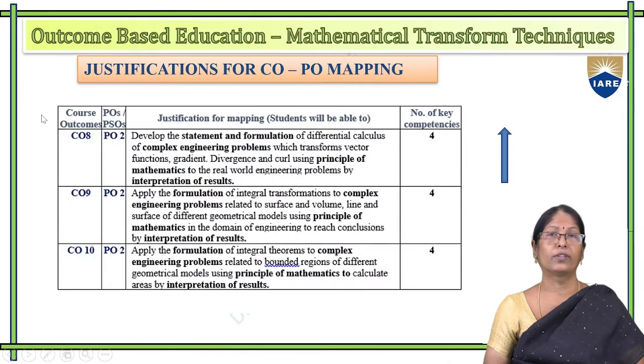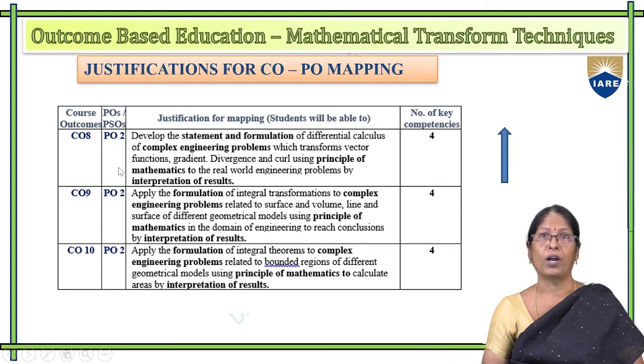Now we can see 8, 9, 10, which are vector differential calculus, the parameters on which the student should possess knowledge upon completion of the course. The course outcomes 8, 9, 10 are mapped completely to program outcome 2.